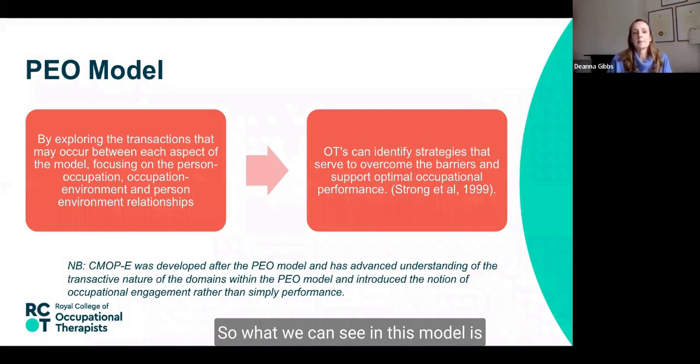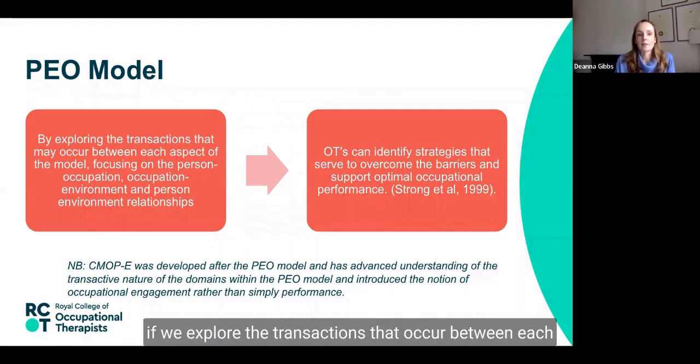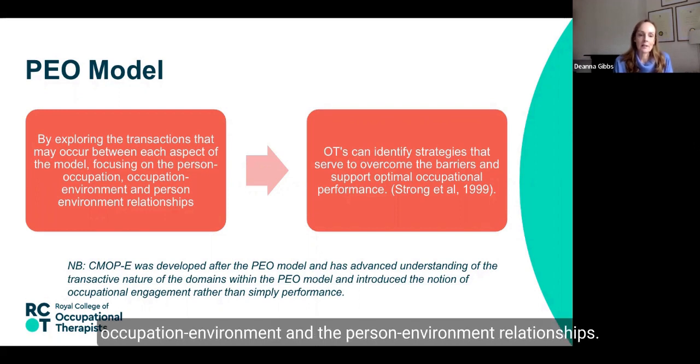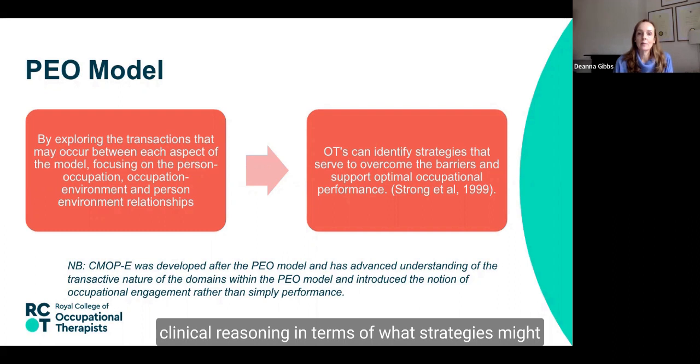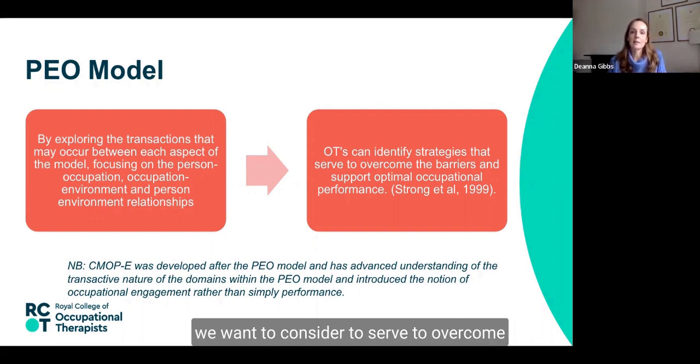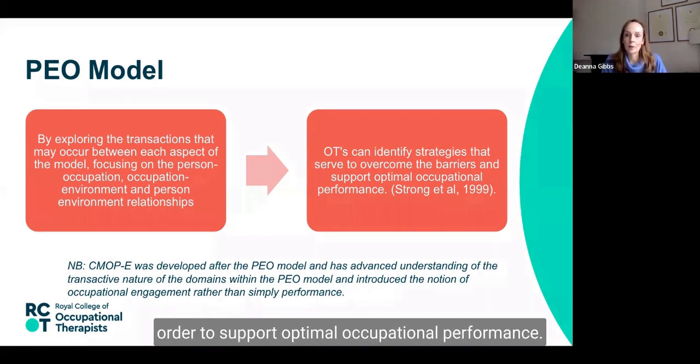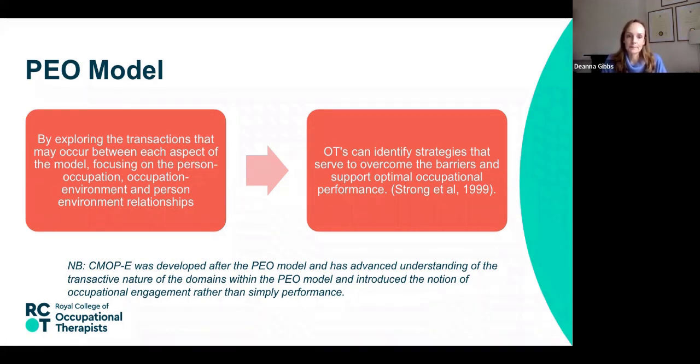So what we can see in this model is that if we explore the transactions that occur between each aspect of the model, so the person-occupation, the occupation-environment, and the person-environment relationships, we can use this to think about our clinical reasoning in terms of what strategies we might want to consider to overcome any barriers that we notice, in order to support optimal occupational performance.